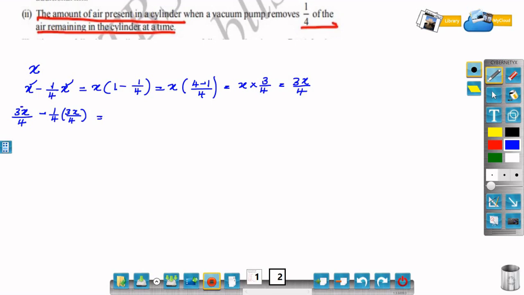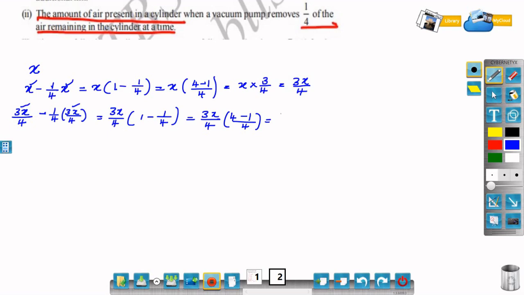So see here, 3x/4 common. If I take 3x/4 outside, what remains is 1 minus 1/4, that is (4 minus 1)/4.